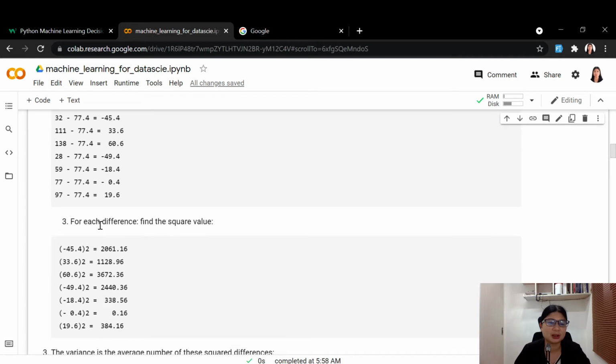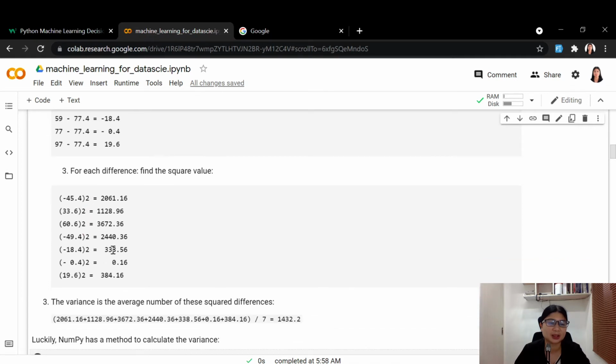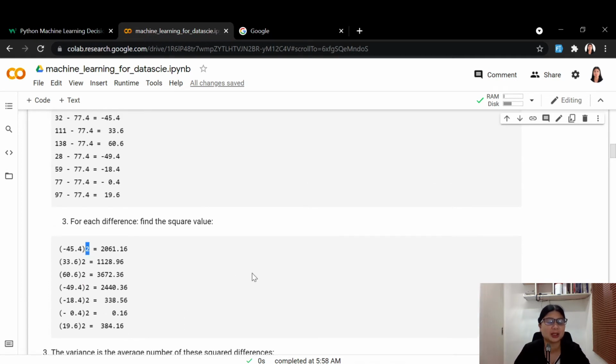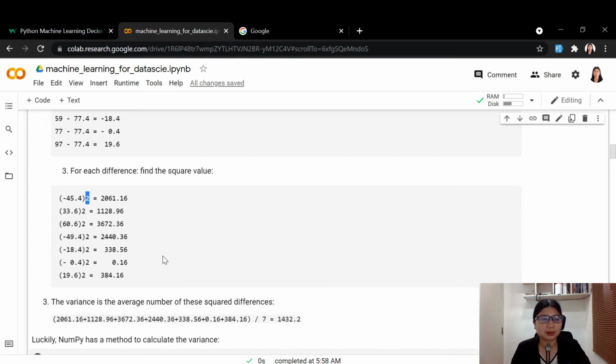And for each difference, find the square value. So squared ni siya class. This is squared. So bulayan lang si ma'am yung mag-obra sining superscript, because in this Jupyter notebook there is no subscript. So superscript, sorry, not subscript but superscript.